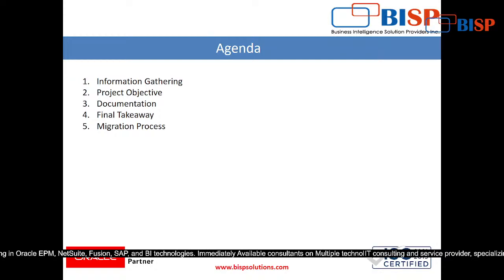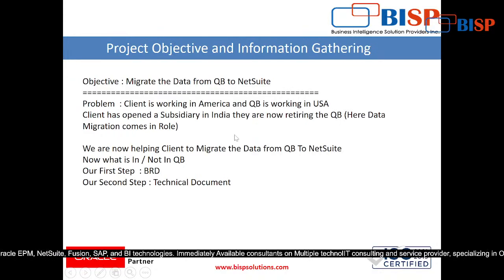So our first step is the project objective and information gathering. Now the objective is to migrate the data from QuickBooks to NetSuite. Let's take a real life scenario where our client is working in America, and that client has opened a subsidiary in India, right?